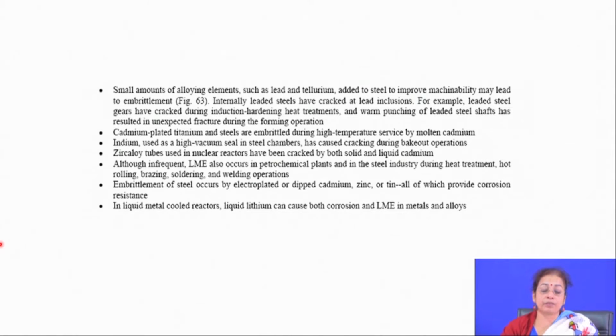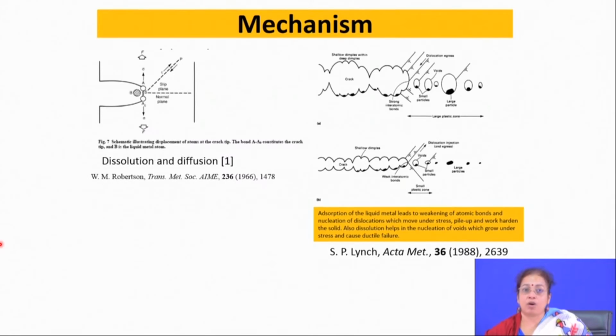So, again like stress corrosion cracking, the liquid metal embrittlement process is also very much environment specific. All materials do not undergo liquid metal embrittlement in all environments. Similarly, the mechanism is also more or less the same. As the name implies, this is liquid metal embrittlement.